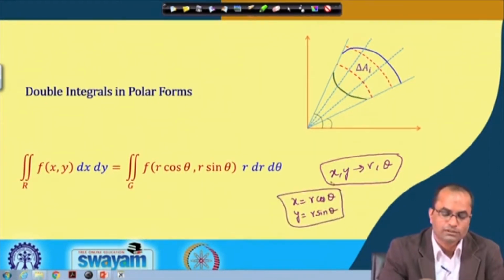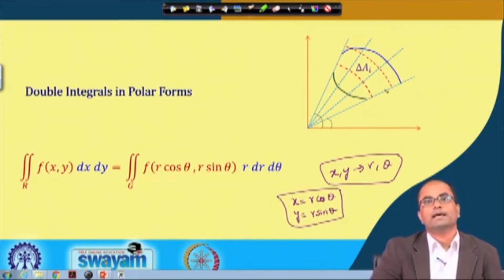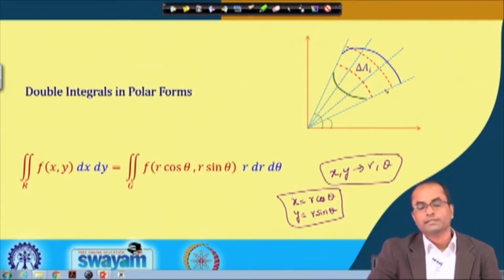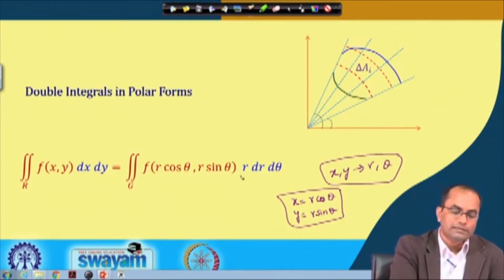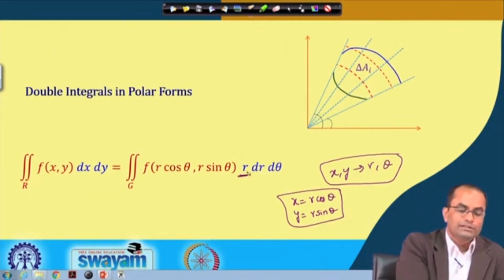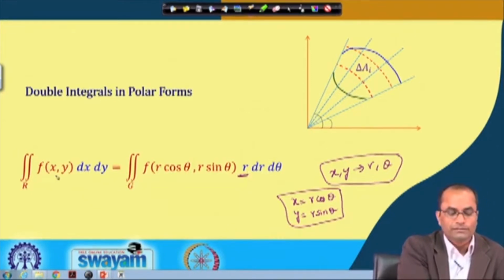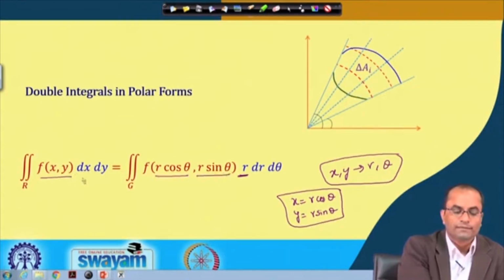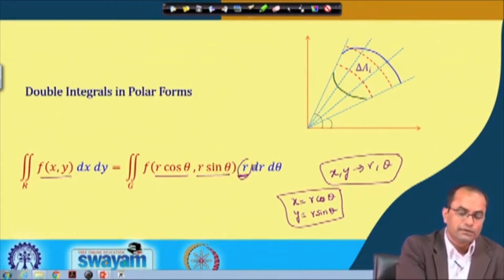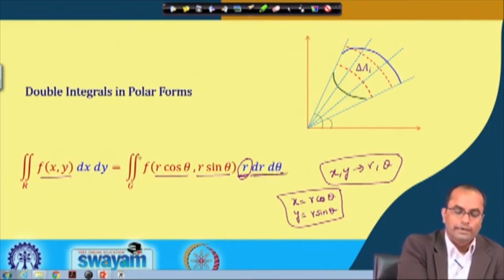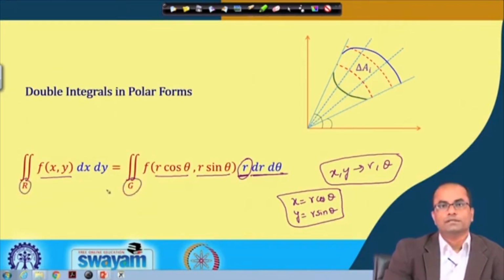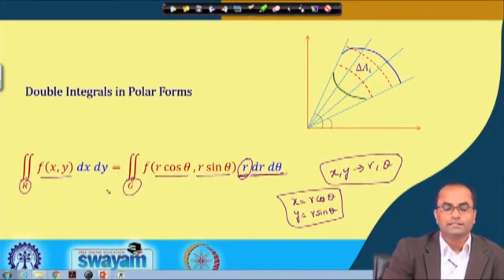So, this was also a substitution, but directly with the help of the fundamental definition, we have seen how this r is coming to the picture. And so, it is not just the substitution of the variables here x and y to r cos theta and r sin theta, but also this factor r had appeared there, and then we have dr d theta, and corresponding to this we have to also substitute now the limits of the r and theta.